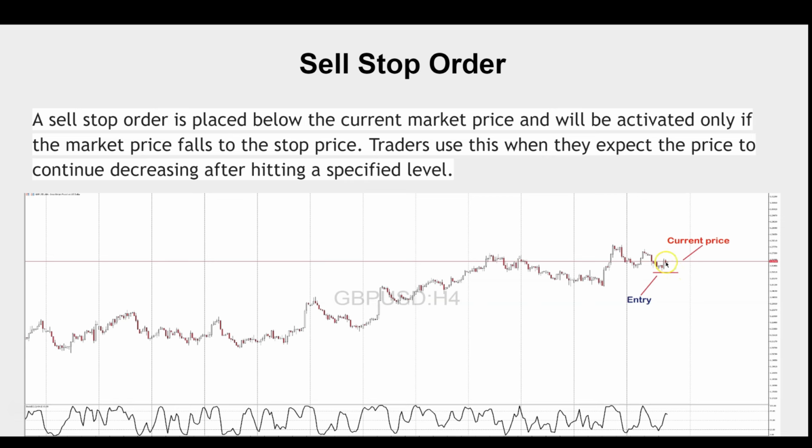Now, here's the cool thing about using these types of orders. If your analysis is wrong, let's say for instance, price continues to go up, then essentially if price never breaks the low of this red candle here, then guess what? No harm, no foul. The order never executes, it never triggers.